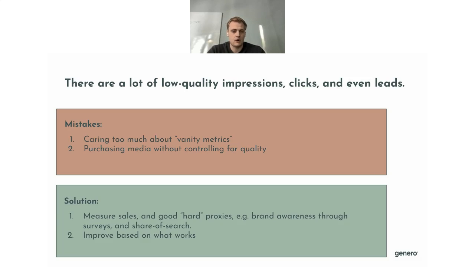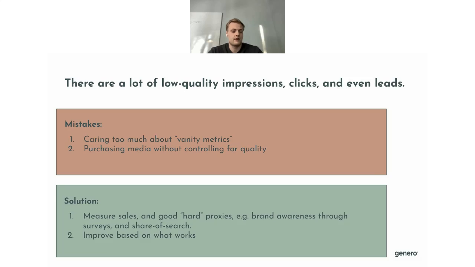So try to not care too much about what's sometimes called vanity metrics, for example, impressions and reach, and try to really follow the effect on lower funnel actions. So the solution here is to measure, of course, sales, but also good hard proxies, things that are hard to game. For example, if you're following brand awareness through customer surveys, that's a metric that's really hard to play with. It's hard to falsify.